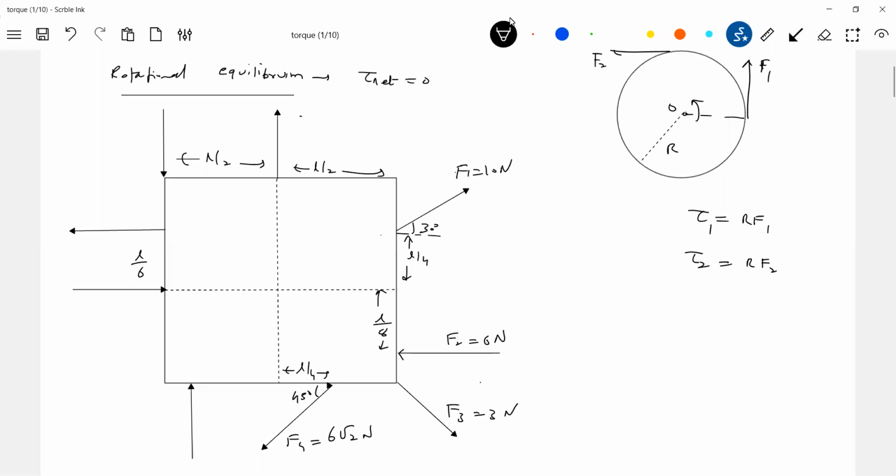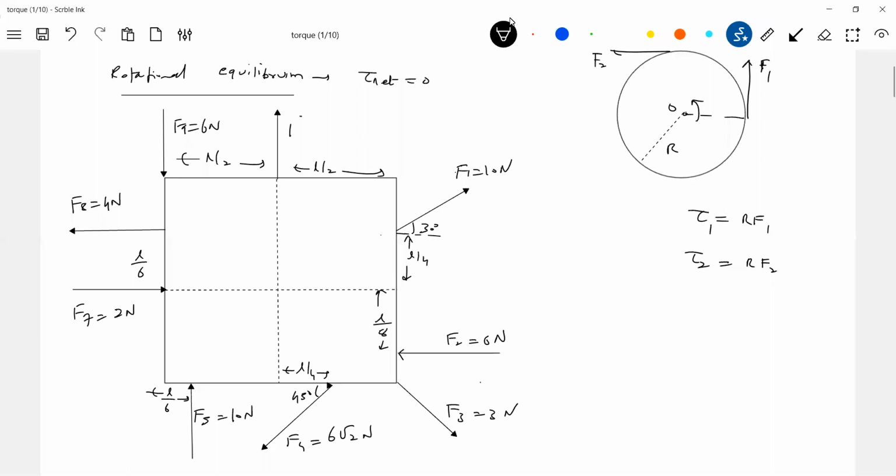45 degrees. F5, 10 Newton. L by 6. F8 equal to 4 Newton.